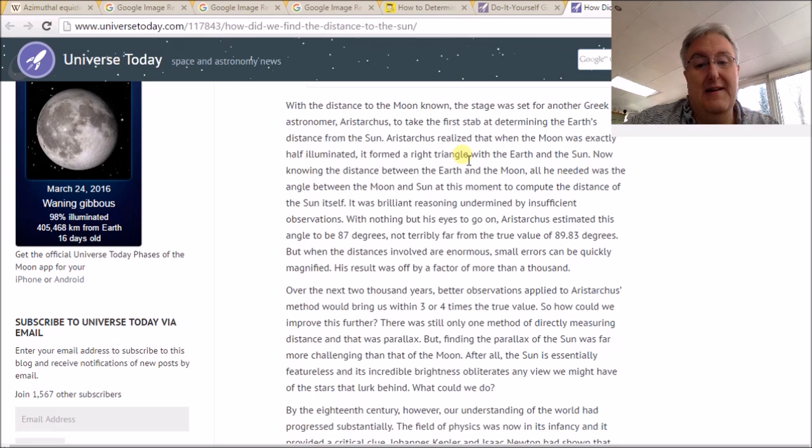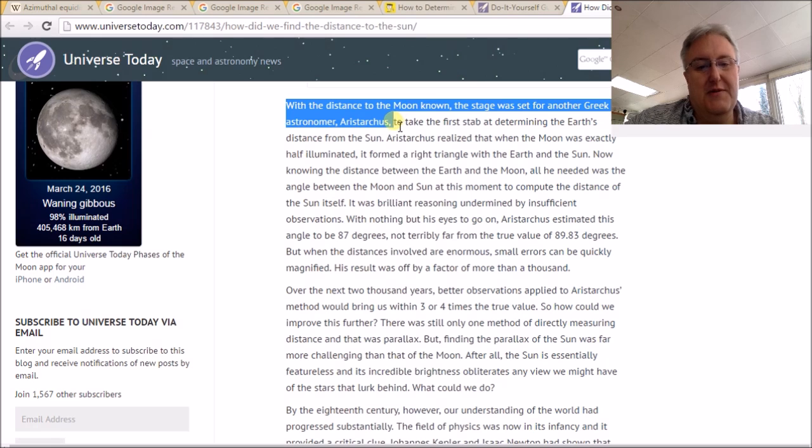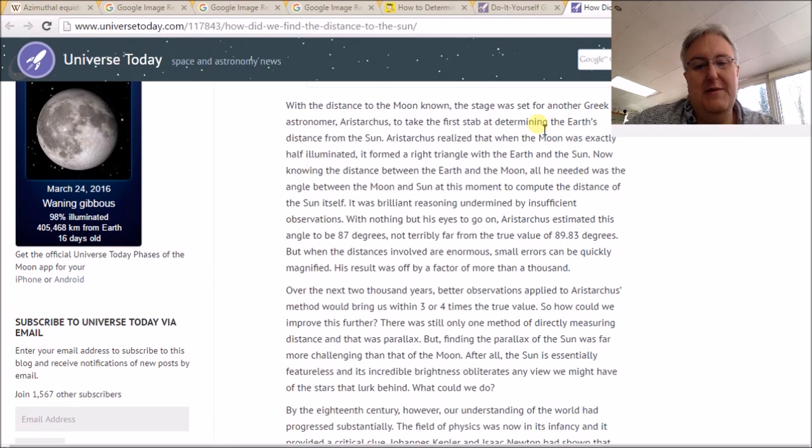So with the distance to the moon known, also University Today, the stage was set for another Greek astronomer to take a first stab at determining the Earth's distance from the sun.